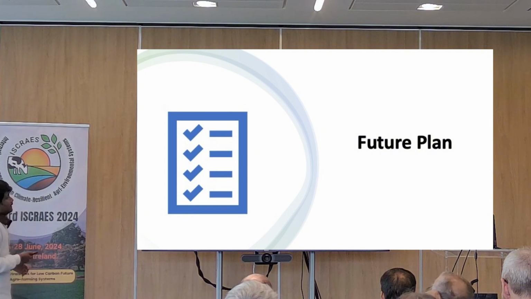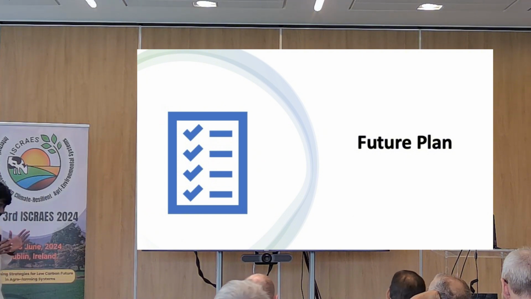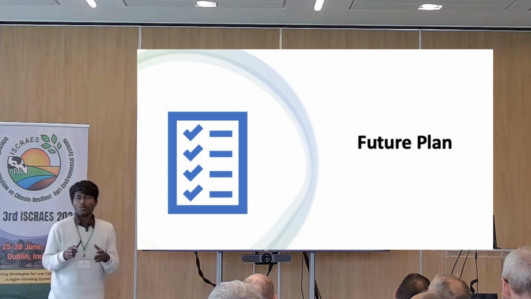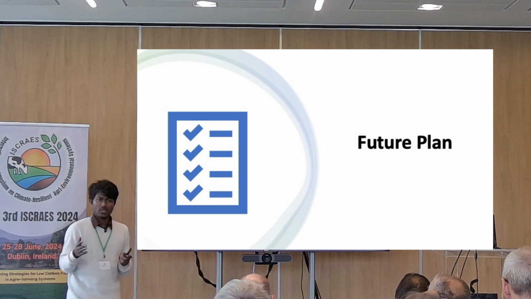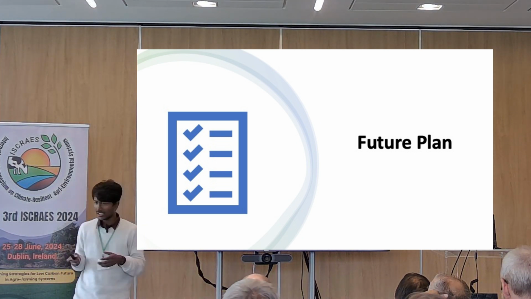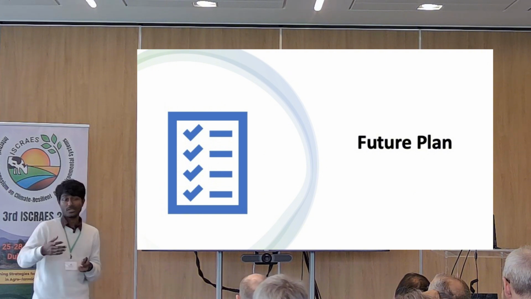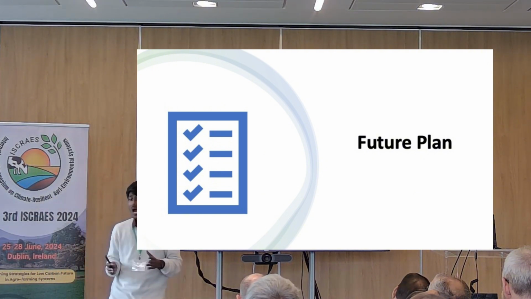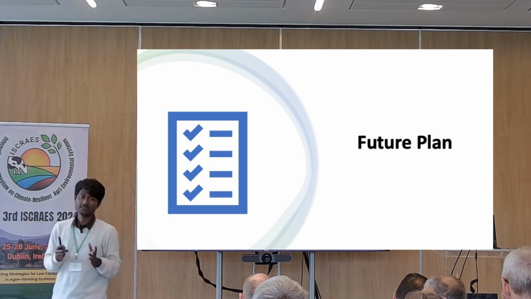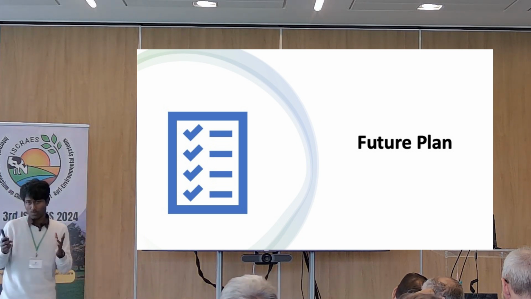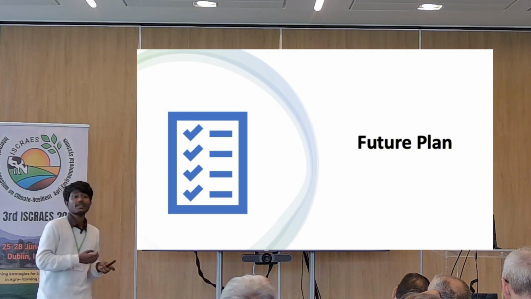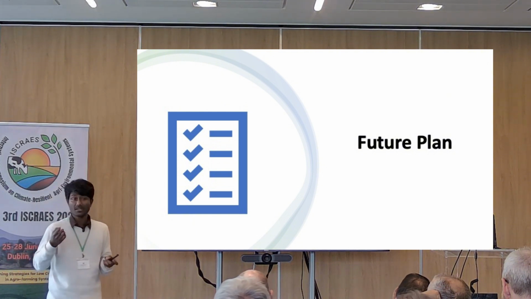Okay, now the future plan. We have been working on this project for a very long time, and we have a really visionary goal. We want to include artificial intelligence in our system. As you all know, today's world is really evolving, and in every system, AI is integrated.